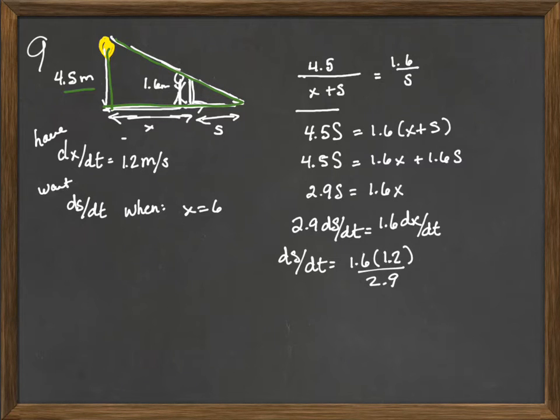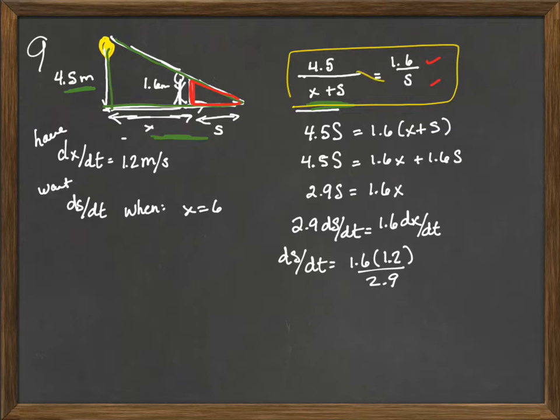So that's 4.5 for this side, and x plus s for the bottom. And that would be similar to, using a different color, let's use red, this triangle, which is 1.6 high, to s. All right, so we can set this ratio up, and then we'll simplify it by cross products.